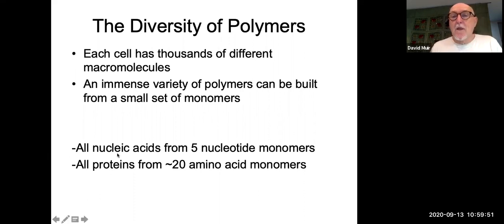For example, all of our nucleic acids, DNA and RNA, as we'll hear later, are formed from just 5 monomers. Remember this: in nucleic acids, those monomers are called nucleotides. All proteins in the cell are made from only 20 amino acid monomers, and the proteins are unbelievably diverse.